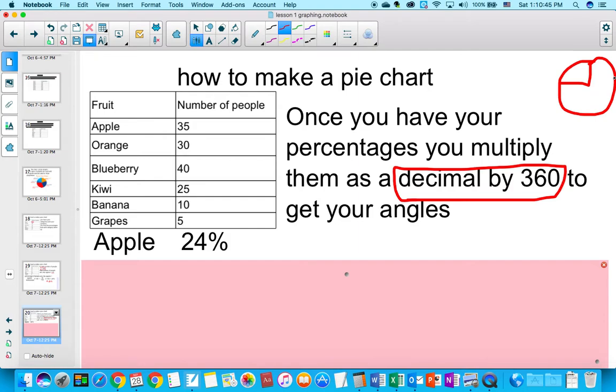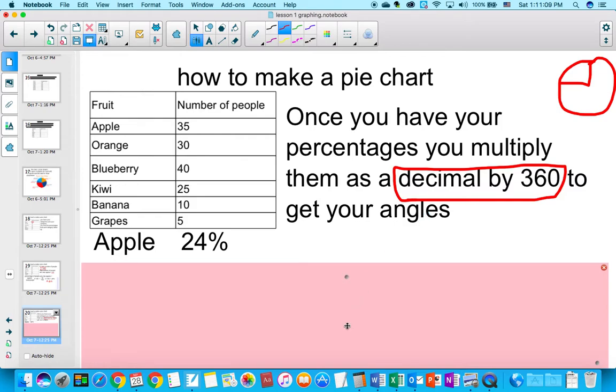That's the only way for the apples representing 24% of the total to be accurately represented in the circle. Because the number of people who like apples is 24% of the total, the slice that represents the apples must take up 24% of the circle.